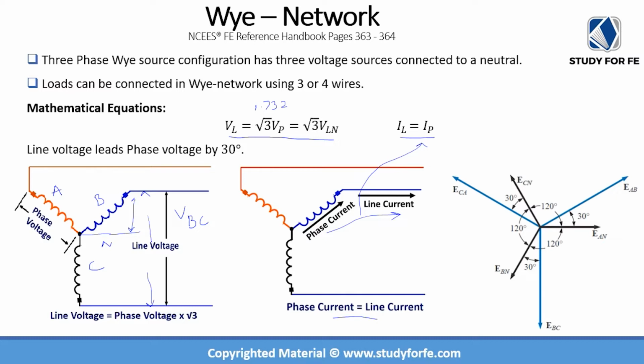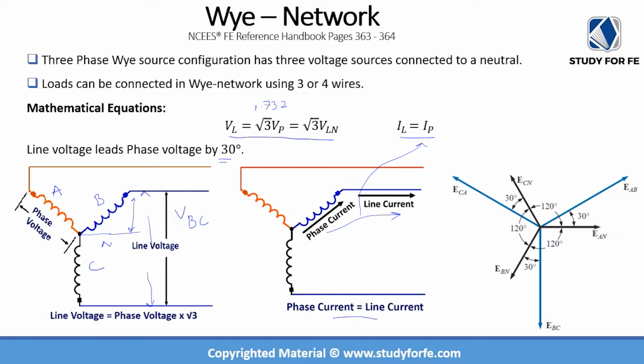Another feature of Y network is that your line voltage actually leads the phase voltage by 30 degrees. A lot of students just try and remember the magnitude relationships, that line voltage is greater than phase voltage by 1.732 and line current is the same as phase current, and they think that's it.